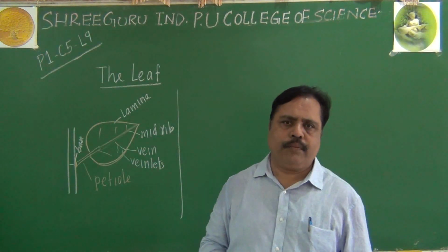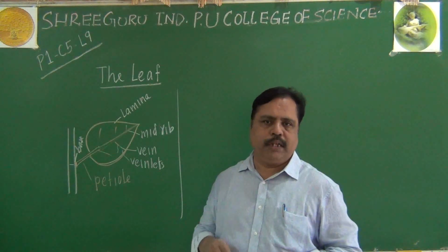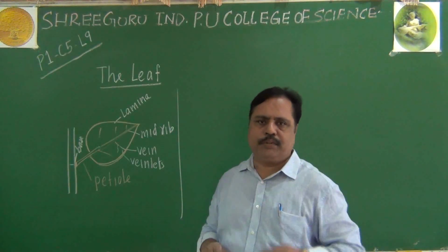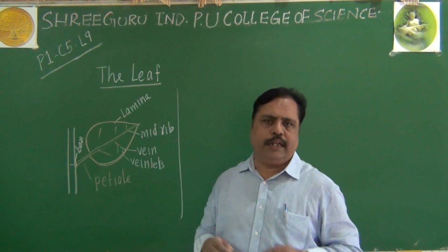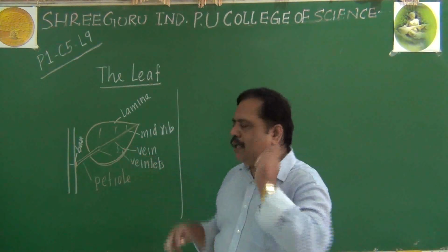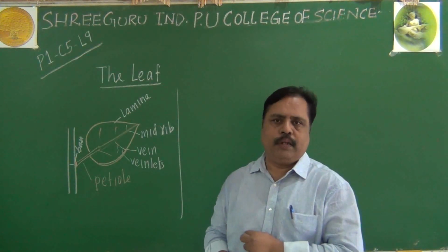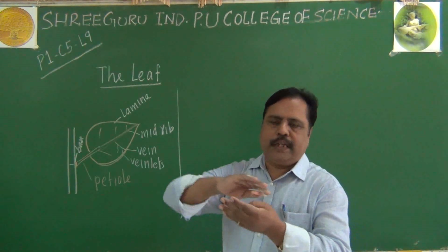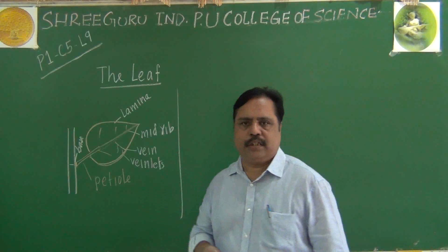Reticulate venation is network-like. For example, the ficus leaf or dicot leaves. All dicots exhibit reticulate venation mainly. Parallel venation is found in monocot leaves, where veins are arranged parallel to each other. That is regarding venation.